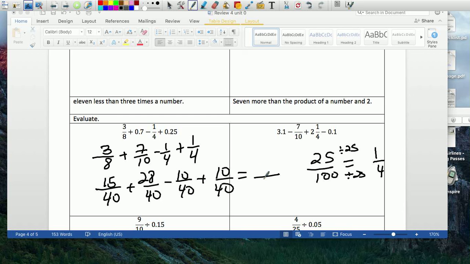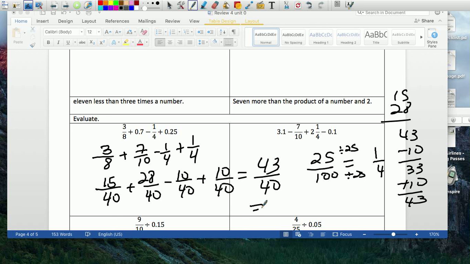So again, you get 40 at the bottom. 15 plus 28 is 43. And then minus 10 is 33. And then plus 10 is going back to 43. So 43 over here. 40 goes into 43 one time. 3 left over 40. So that, I think, would have been a little bit faster.